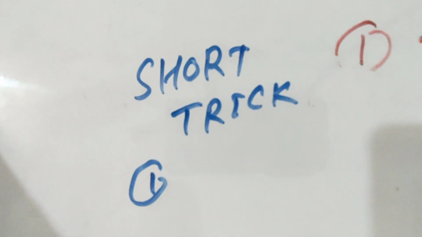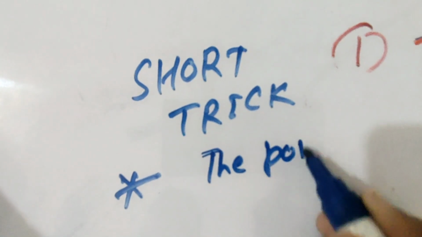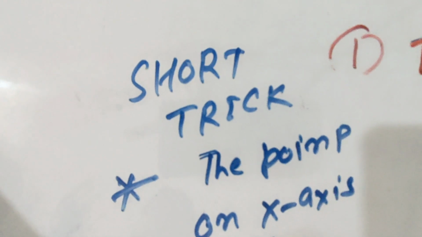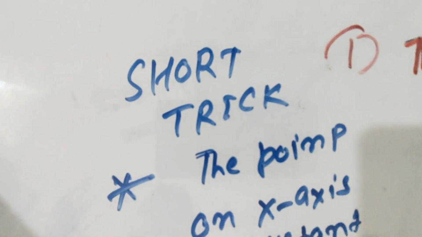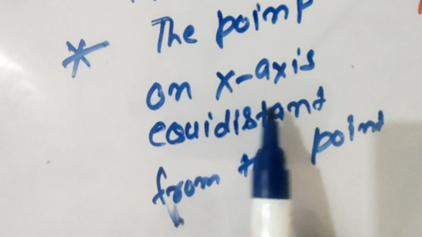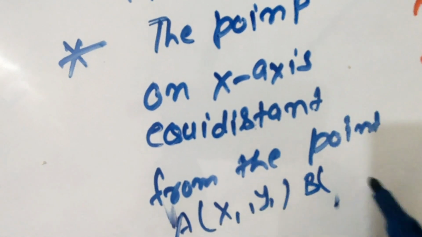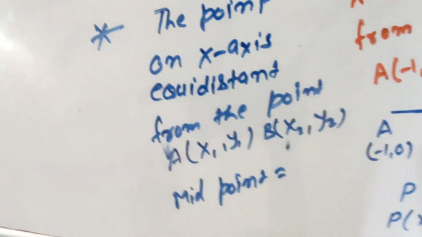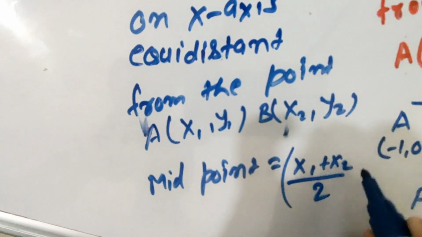If a point on the x-axis is equidistant from the points A (x1, y1) and B (x2, y2), then what is the midpoint? The midpoint is ((x1 plus x2) by 2, 0).